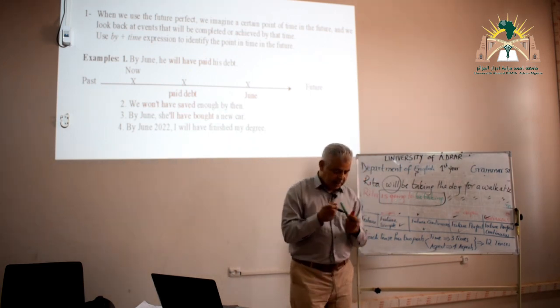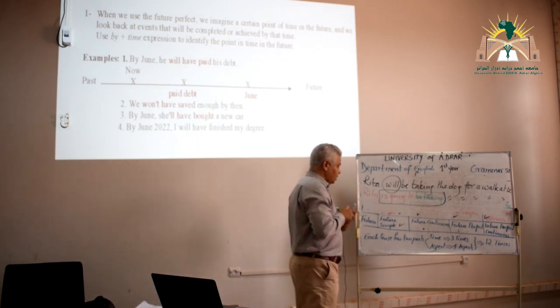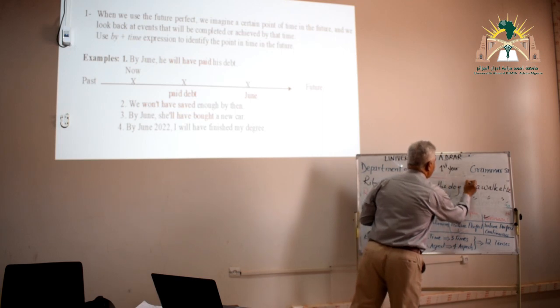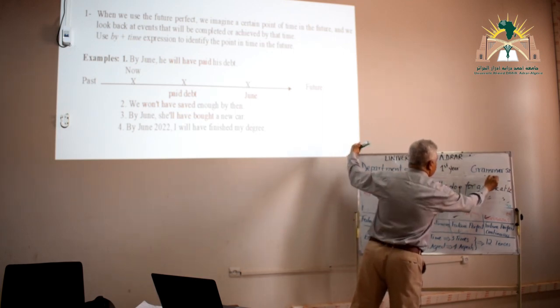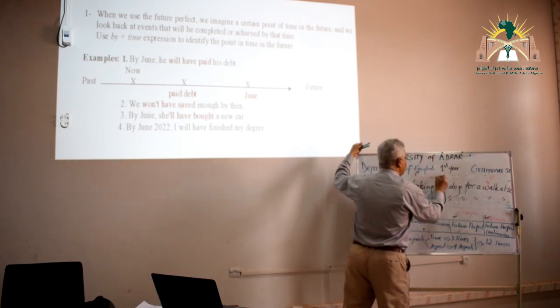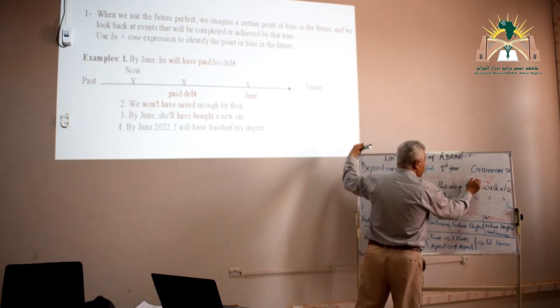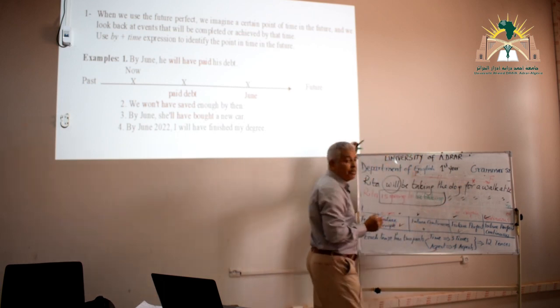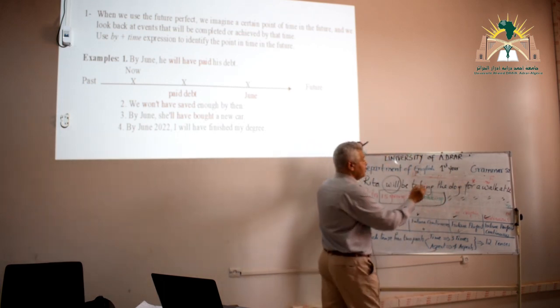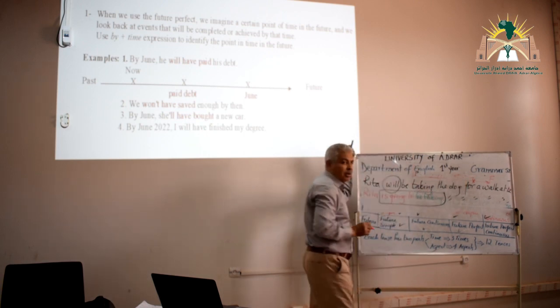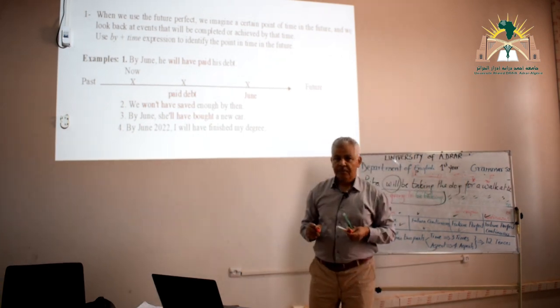If you look at this timeline, this is the future, now, past. We imagine a point in time in the future and something to be completed before that point in time. This is why it is called the past in the future.